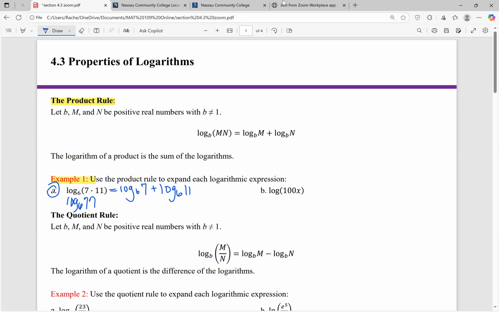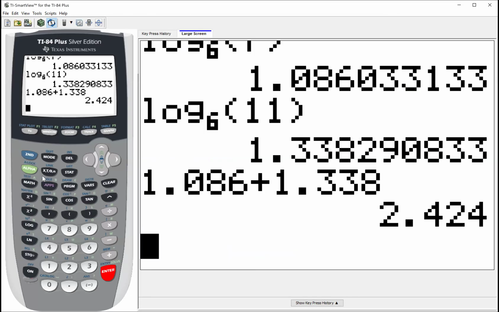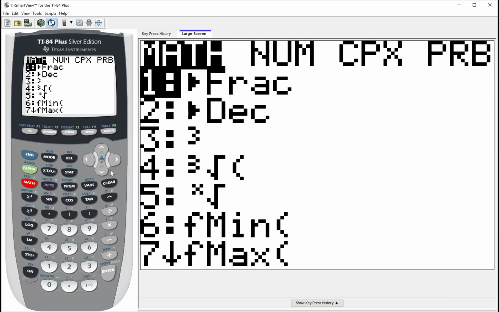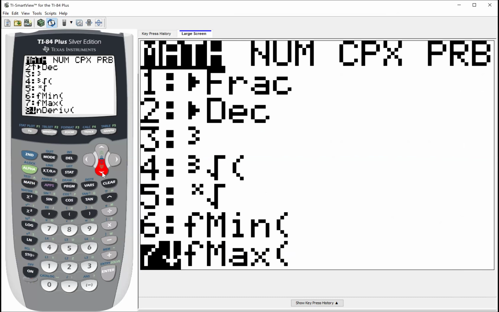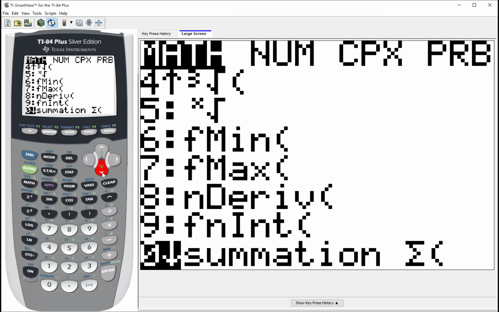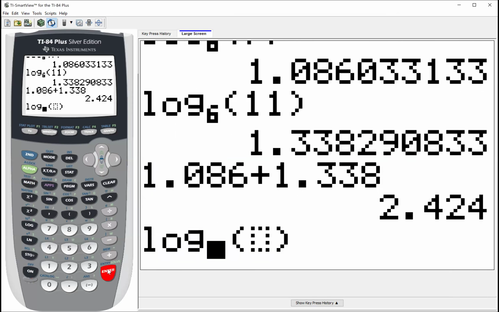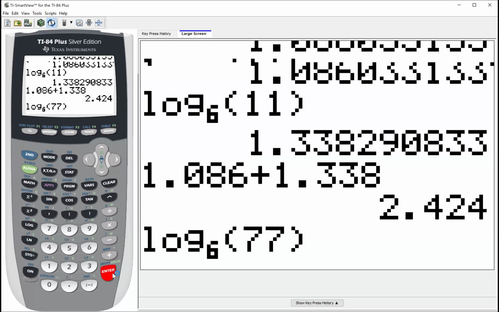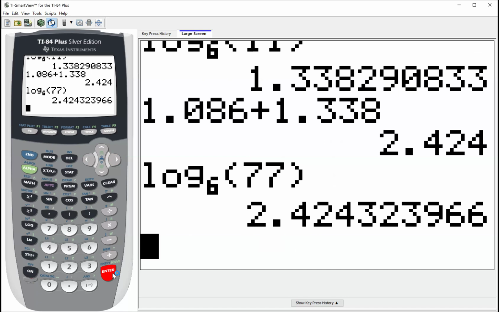Let's type in log base 6 of 77. And we get 2.424, right? They're the same, a little bit of rounding error.